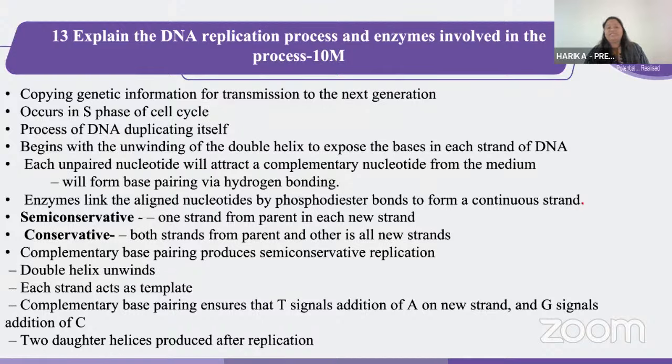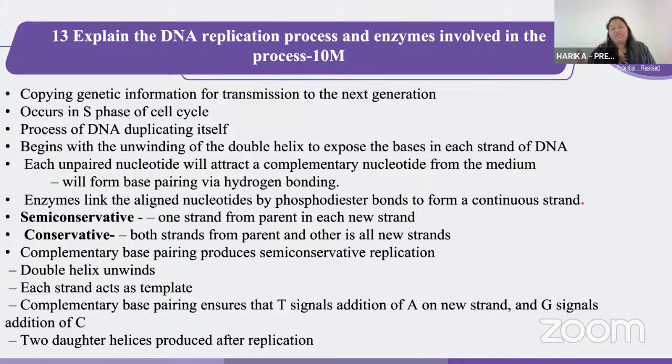Now it is unstable, right? So we have to make it stable, and to make it two different DNAs, two different enzymes are involved which help in the replication process. You can say our DNA replication process is semi-conservative or conservative.